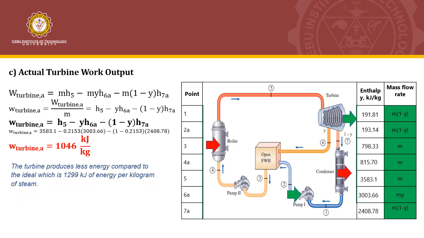As compared to the ideal process, this is lesser because in the ideal, we produce 1,299 kilojoules of energy per kilogram of steam. So the result of the irreversibilities is to reduce the power or the energy that can be produced by the turbine.